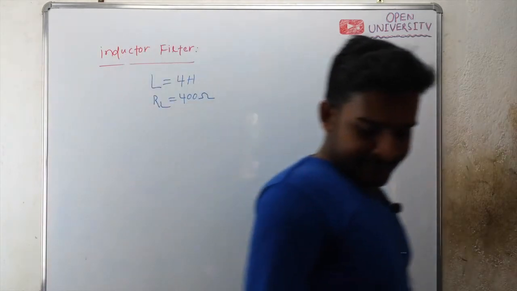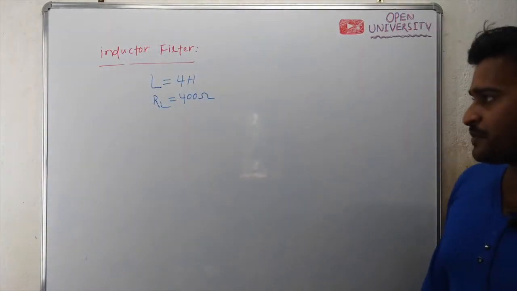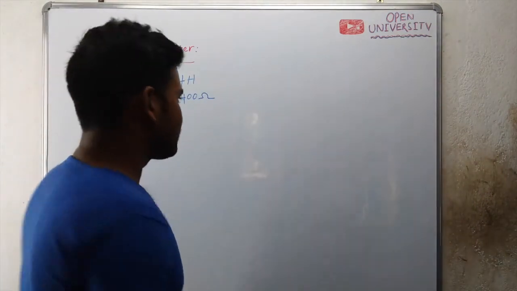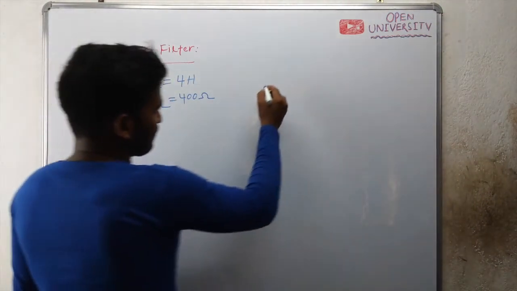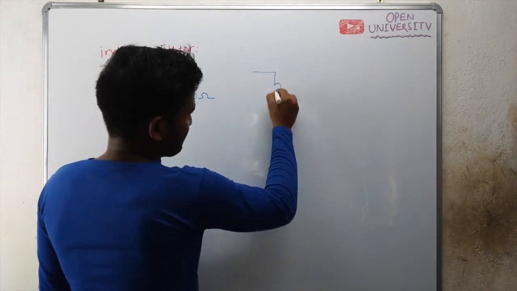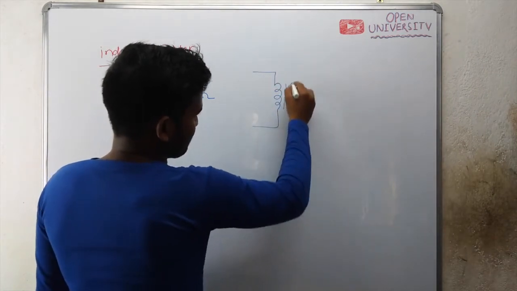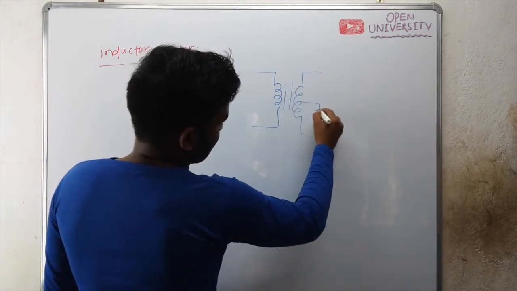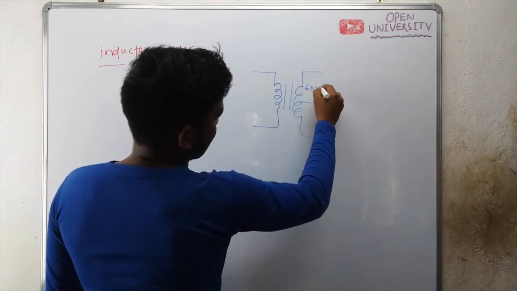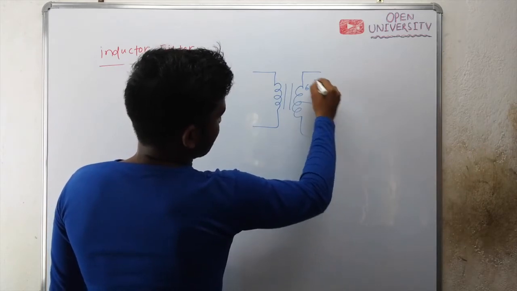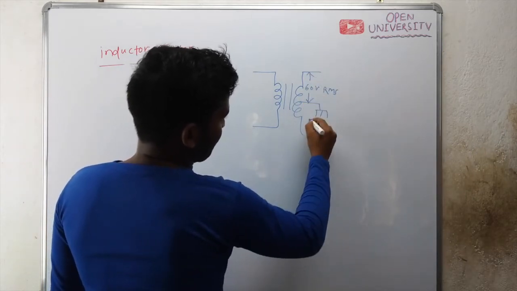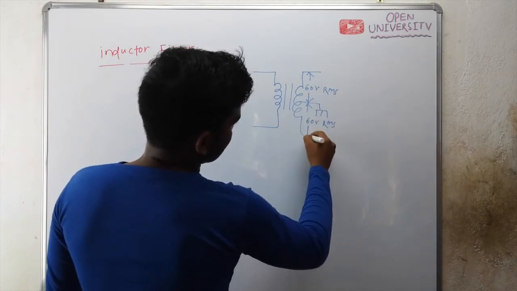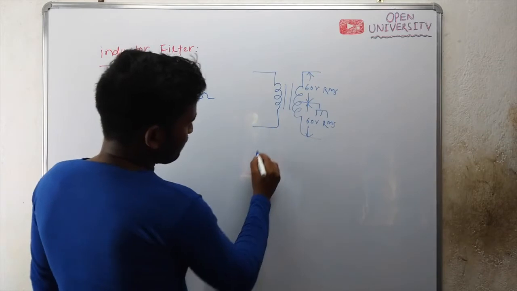If the secondary voltage with respect to center terminal or center tap is 60 volt RMS, this is your center tap transformer. This voltage is given to be 60 volt RMS, and with respect to center tap this is also 60 volt RMS. What is this value?